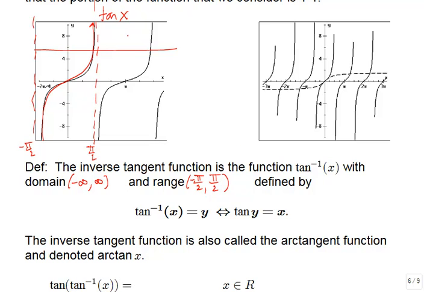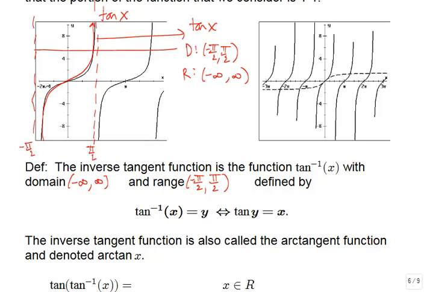And the reason for that is on this piece of the graph, for tangent of x, if we look at just this one between minus pi over 2 and pi over 2, look at its range. It shoots all the way down and all the way up. So this little piece of the graph goes from minus pi over 2 to pi over 2 for x and minus infinity to infinity for the y's.